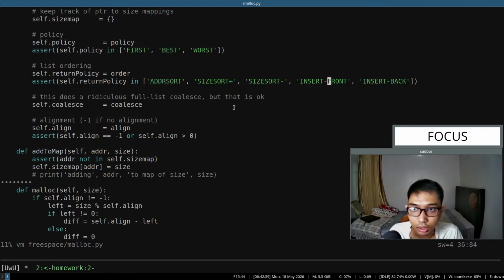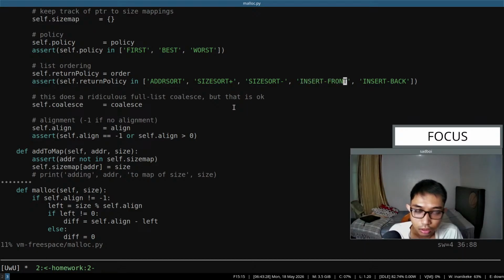I'm assuming when we free the memory, this is the policy for which segment the memory should be returned to.